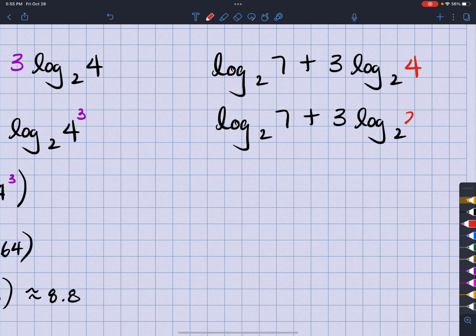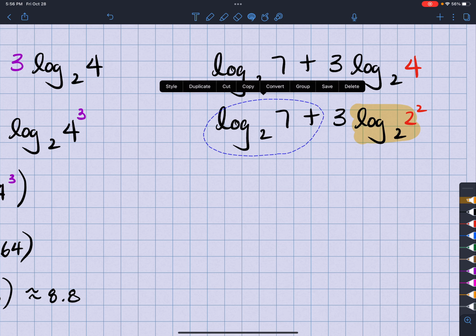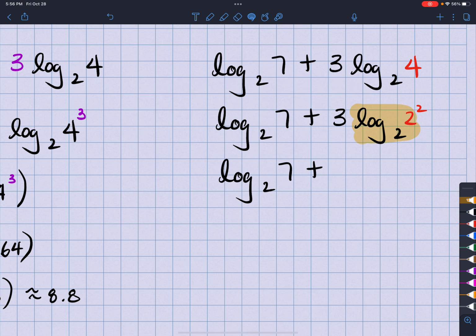So this would be 2 squared. And we said that these two right here should cancel each other out. So what I have here is log base 2 of 7 plus 6.